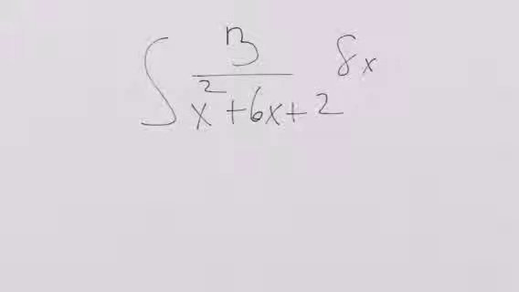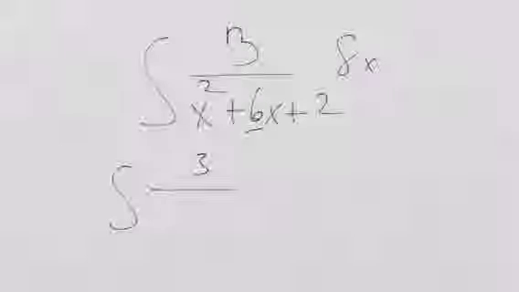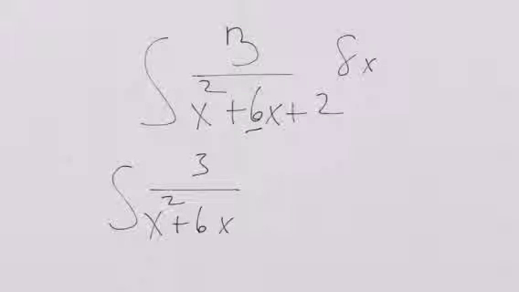So if we completed the square on the bottom, we take half the middle term and then square it. So I'd have 3 over x squared plus 6x. So half of this squared would be plus 9.